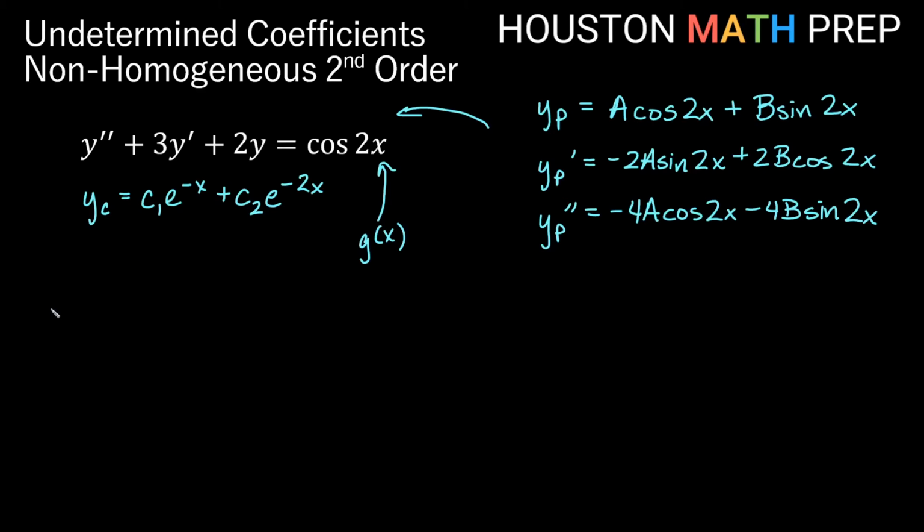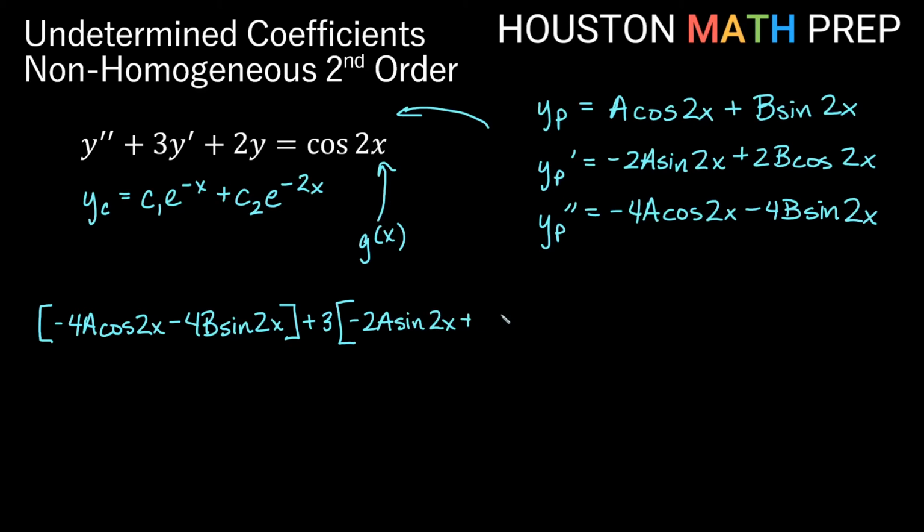We've got a lot of terms to plug in. We'll go ahead and try to save some space here. So plugging in y double prime first, we get negative 4a cosine 2x minus 4b sine 2x plus 3y prime, so plus 3 times, now plug in y prime of p, which is negative 2a sine 2x, plus 2b cosine 2x, plus 2y, so plus 2 times the original y p, which is a cosine 2x plus b sine 2x.